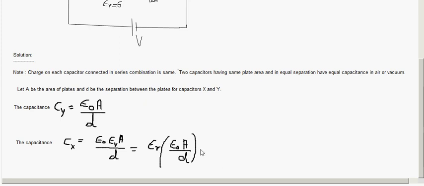So this can be written as 6 times epsilon naught A by D, which is Cy. So we got the relation between Cx and Cy.